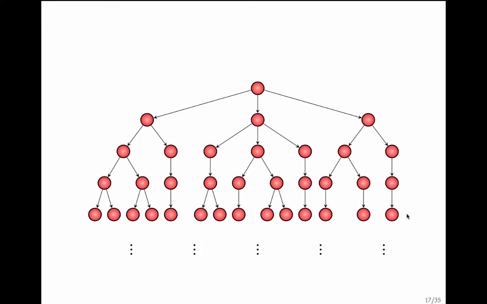Look at this tree. All paths satisfy G red. You look at any path and G red is true. That means red is true all along this infinite path. So this tree satisfies all paths G red.